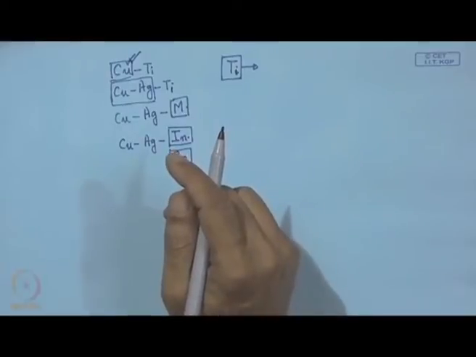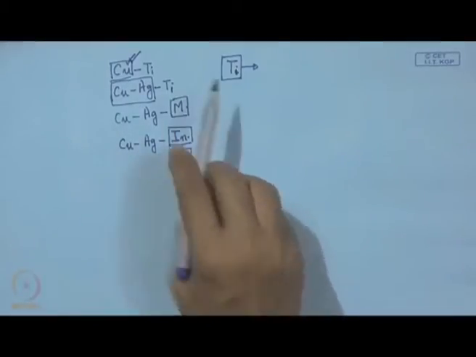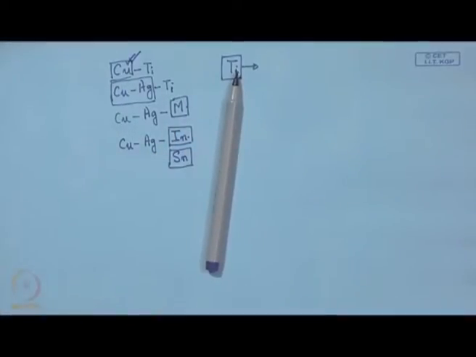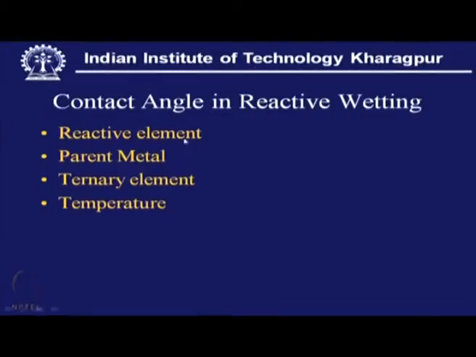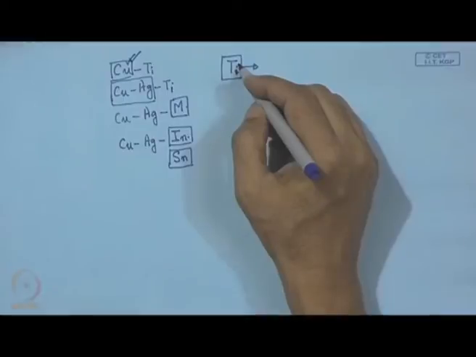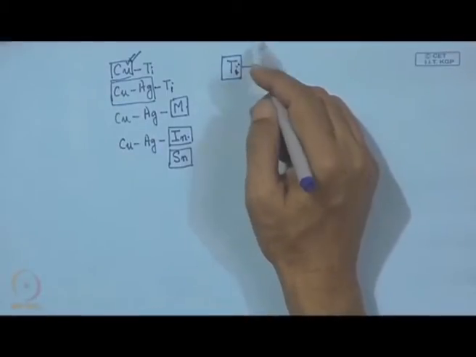That is why, as we have mentioned here, we have the reactive element. Contact angle depends upon the concentration of the reactive element. Then the basic parent metal also influences the minimum quantity of this reactive element that is necessary to promote wetting.